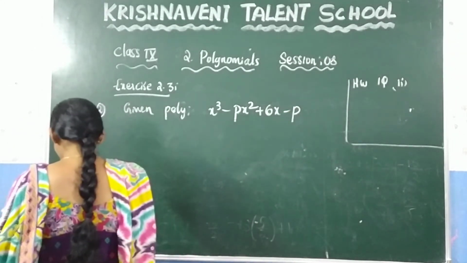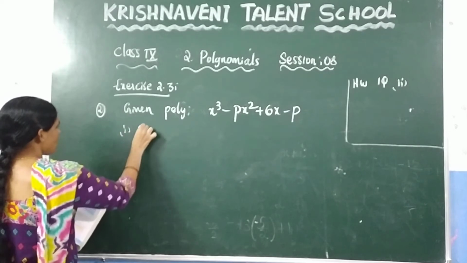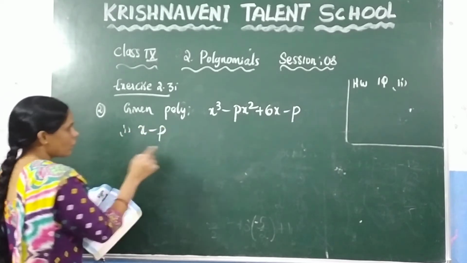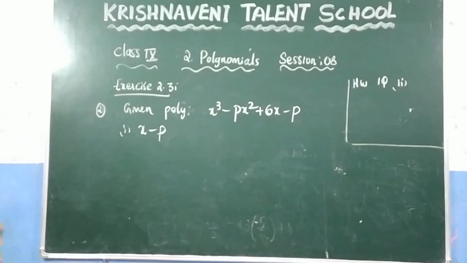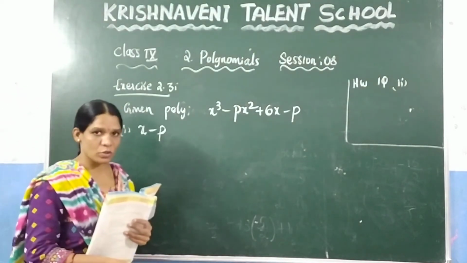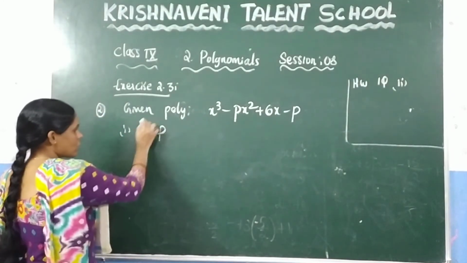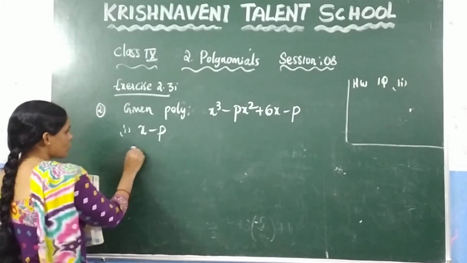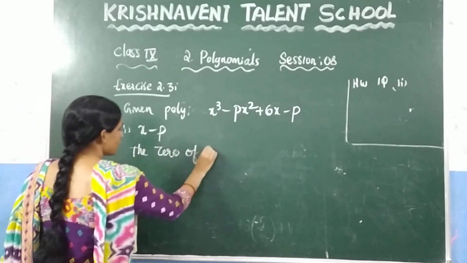And it is divided by the polynomial x minus p. If you are dividing this polynomial with x minus p, what will be the remainder? You need to find it by using the remainder theorem. If you want to find it by using the remainder theorem, what is the first step? You need to find the 0 of the divisor. So write it here: the 0 of the polynomial of the divisor.